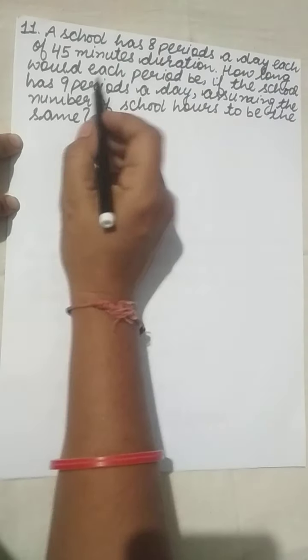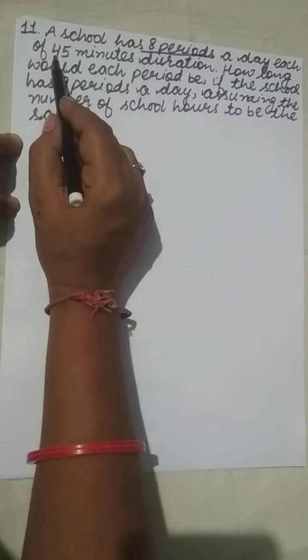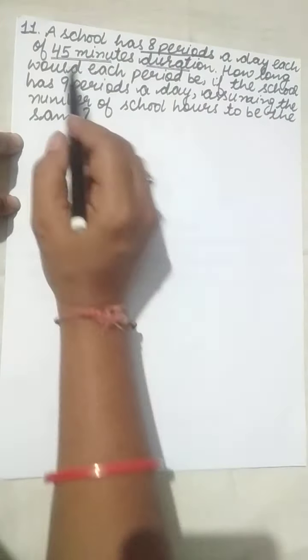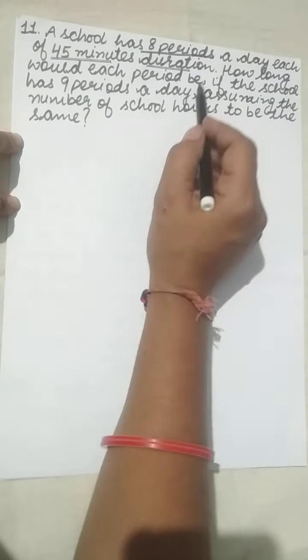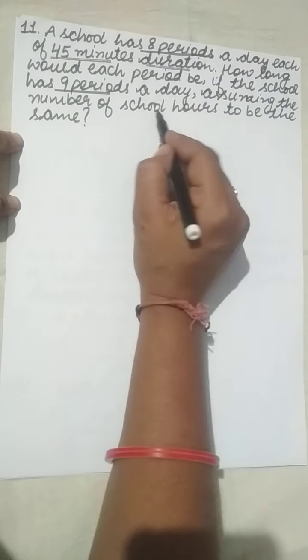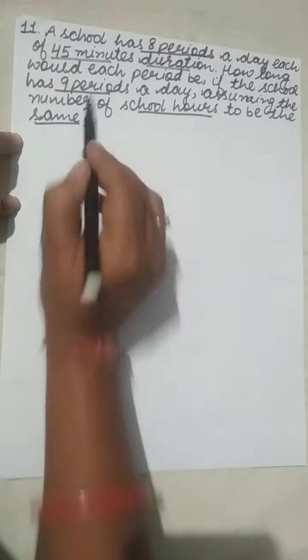Question number 11. A school has 8 periods a day each of 45 minutes duration. How long would each period be if the school has 9 periods a day, assuming the number of school hours to be the same?